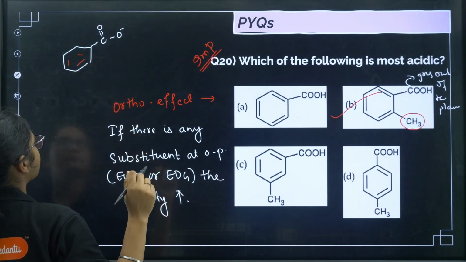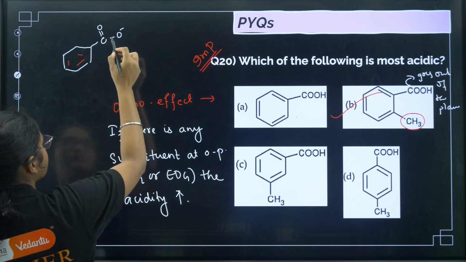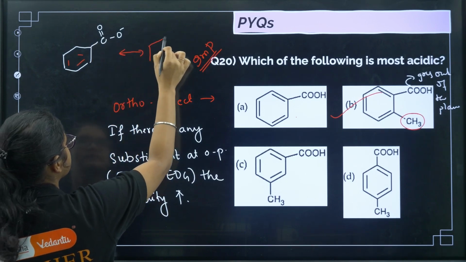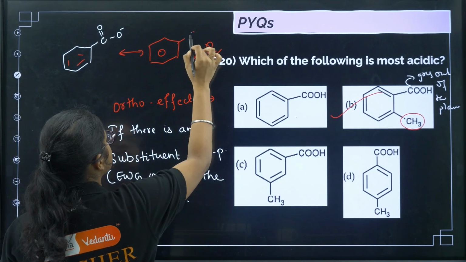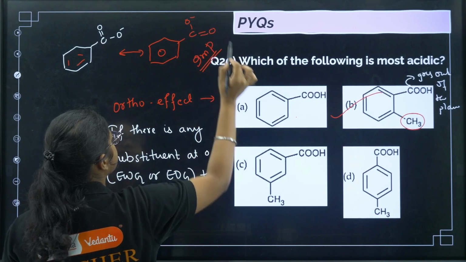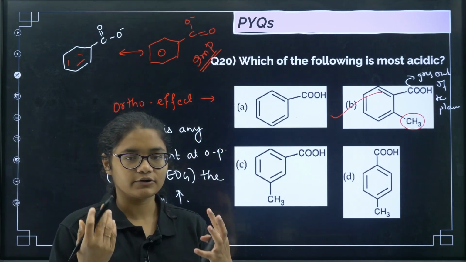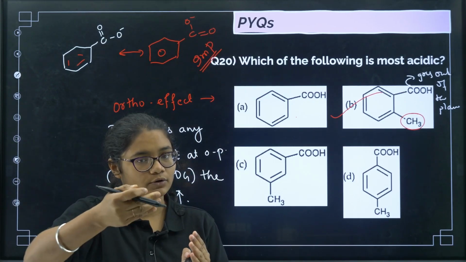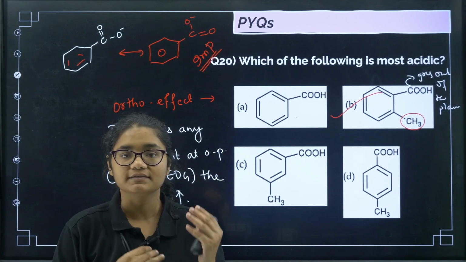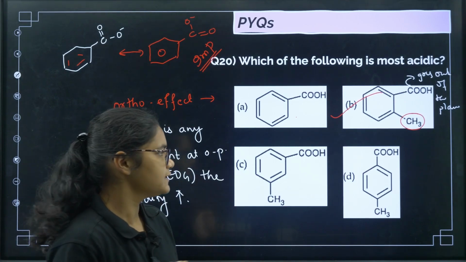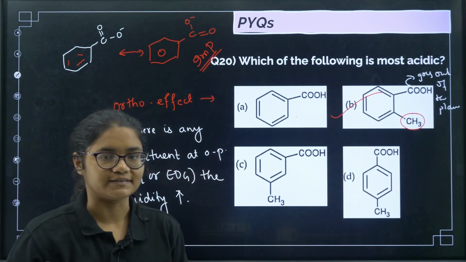When this goes out of the plane, there can be only two resonating structures, like this and like this, right? So these electrons undergo resonance and they cannot come back to the ring. So that is why the stability of the conjugate base increases, and that is why the ortho effect increases the acidity.